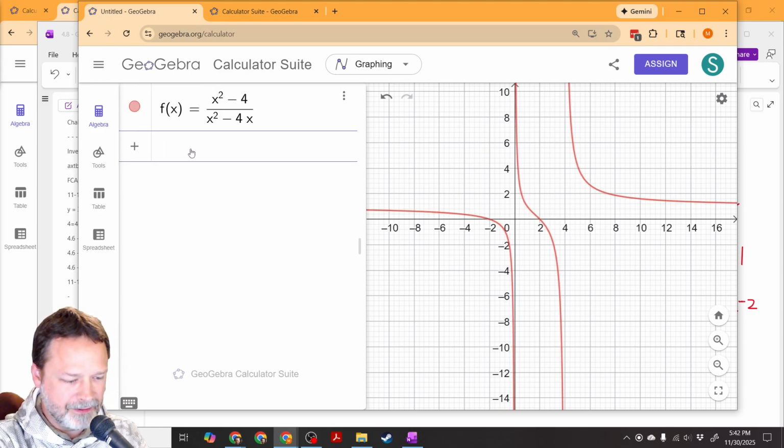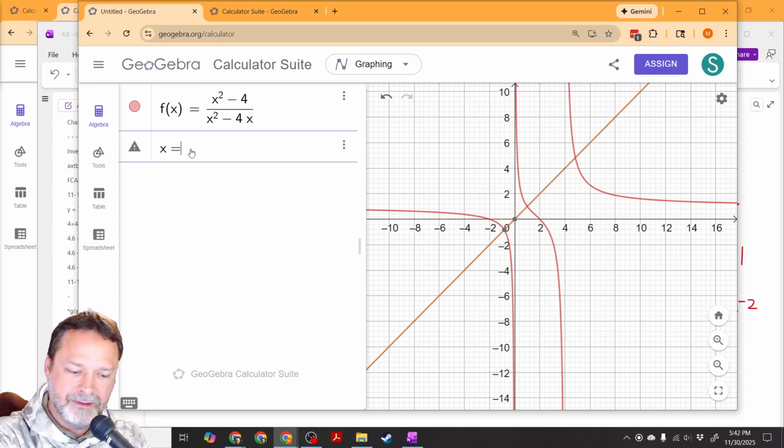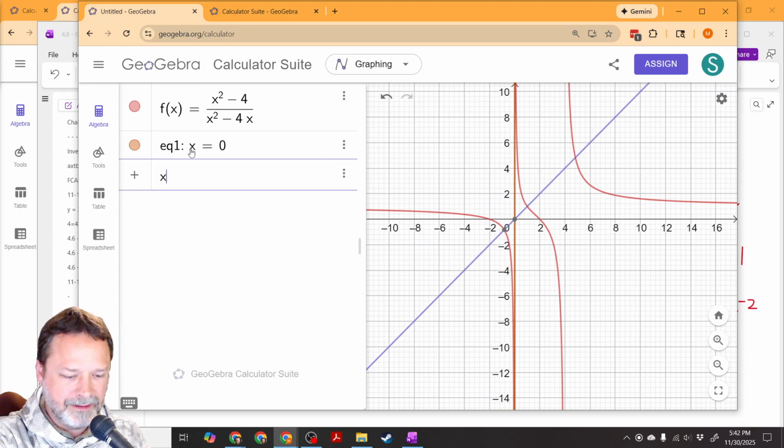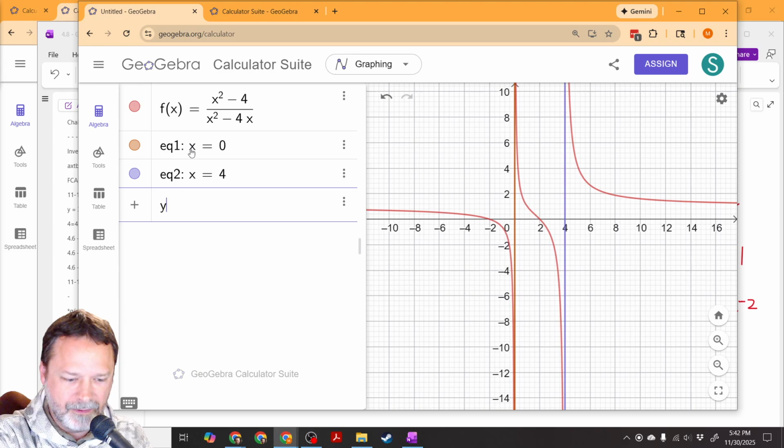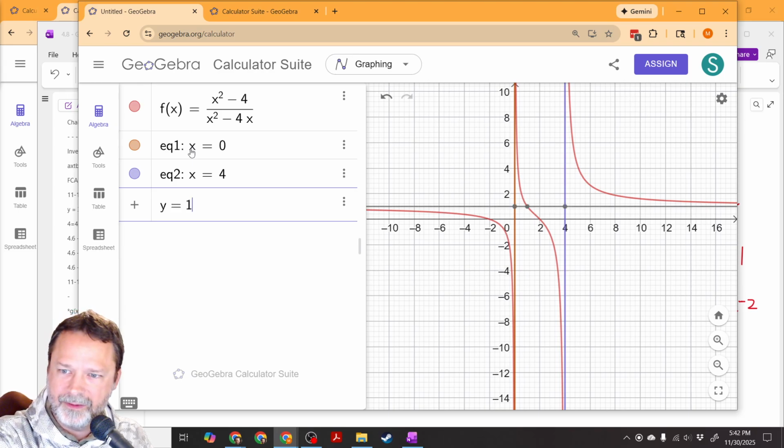Just for fun, we can add those asymptotes. What was it? x equals 0, and x equals 4. Yep, 0 and 4. And we had y equals 1 for the horizontal asymptote.